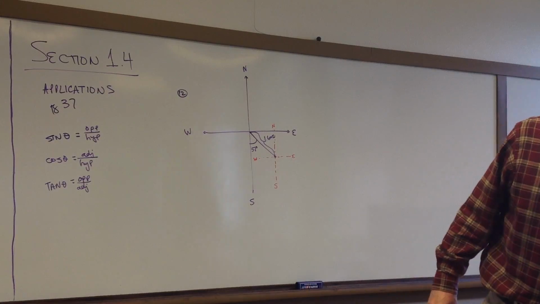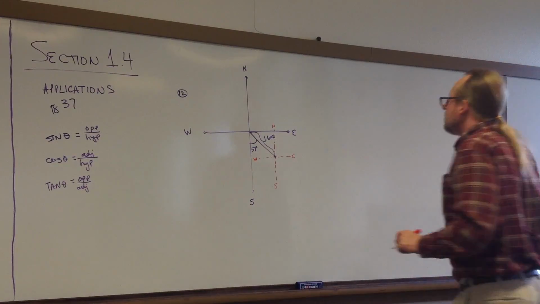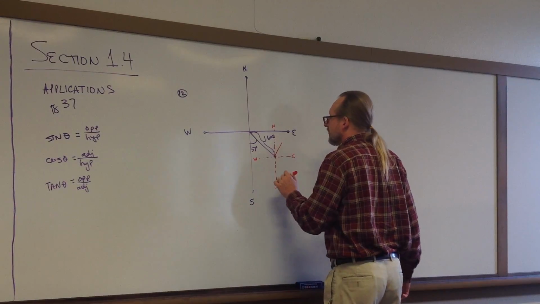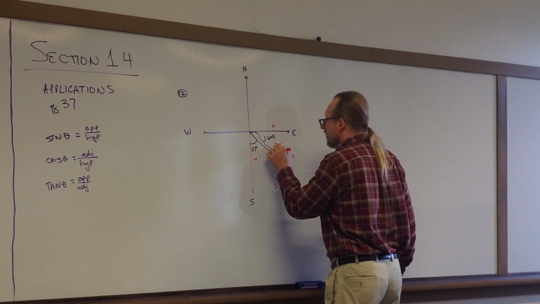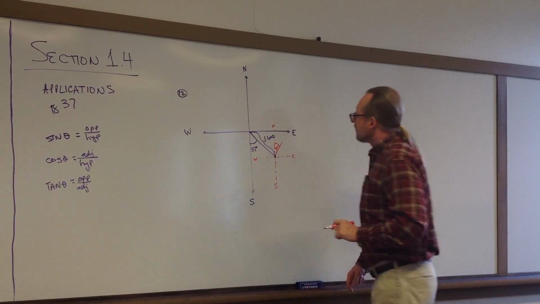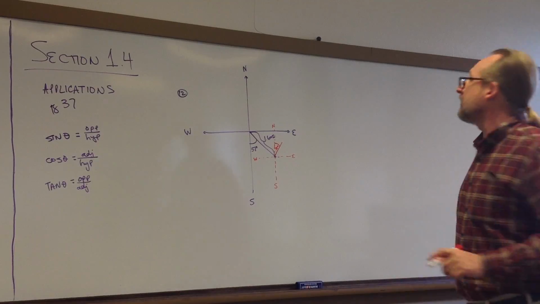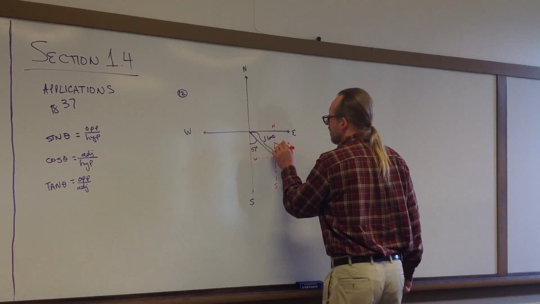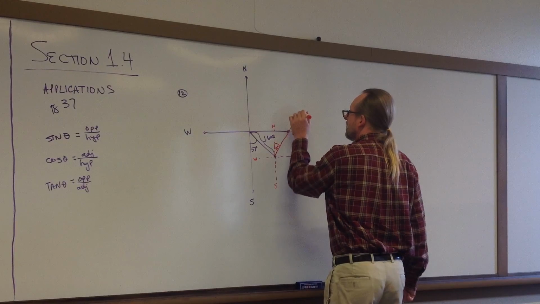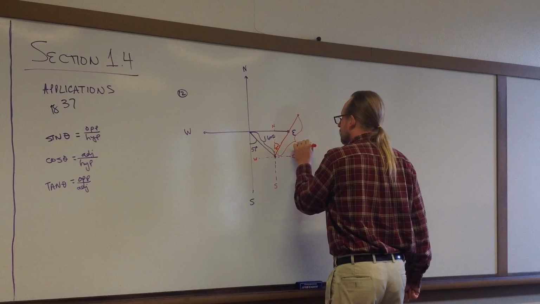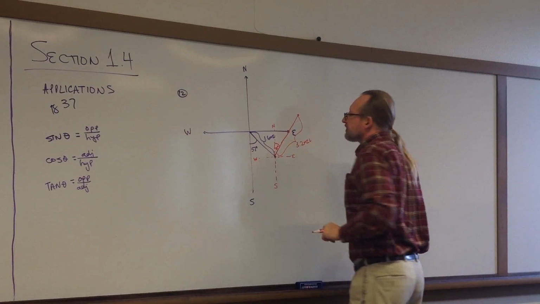And he walks 33 degrees east of north, which is going to be there, and walks for 3.2 miles. So that's going to be basically double that length. 3.2 miles.